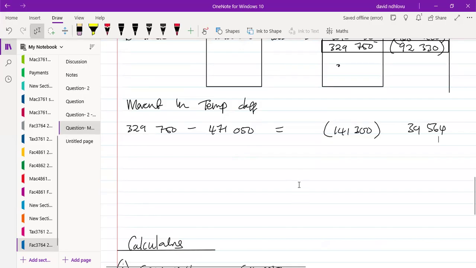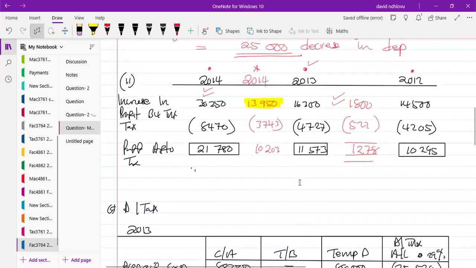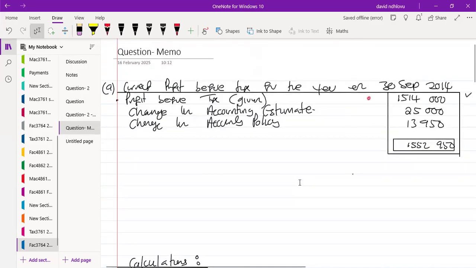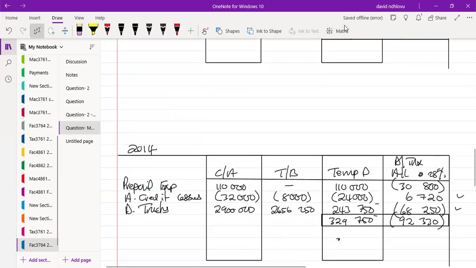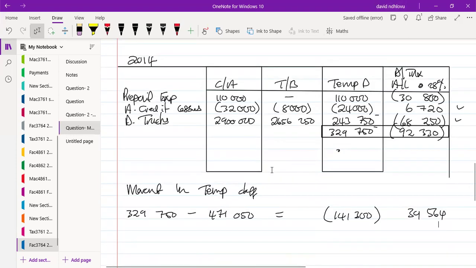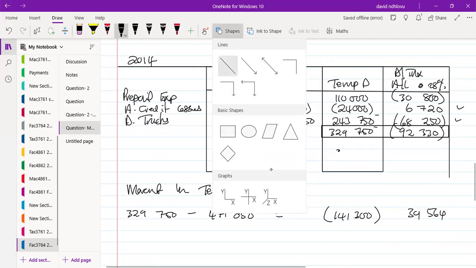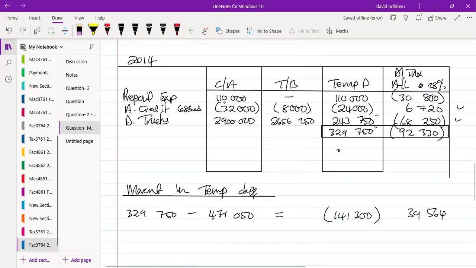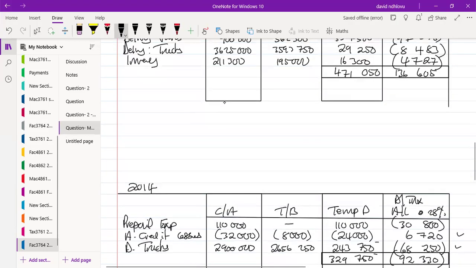Any questions on what we have on the board? Sorry, sir, can you please repeat? Which one am I repeating now? The movement. Yes, please. On the movement, remember, once you have your totals, you take the temporary difference for the current year minus the prior year.